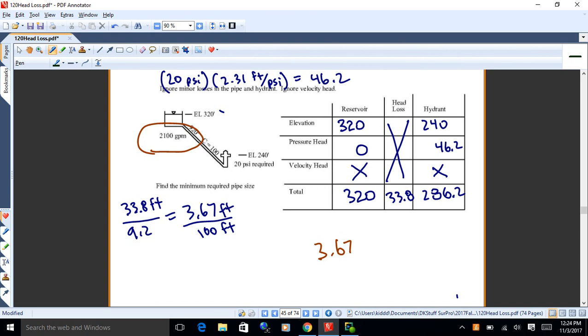We're on 116. So we're at 2,100 gallons per minute. You use the 8-inch again? No, I'm sorry. It's gonna be greater than... Yeah, right. That's the thing, because you want less head loss.